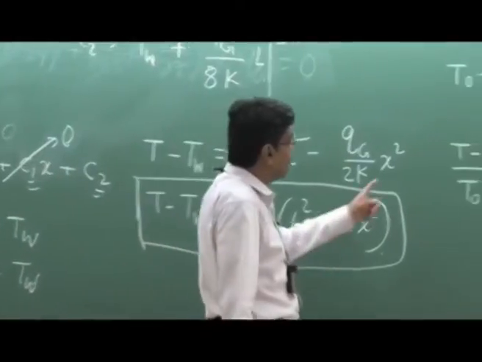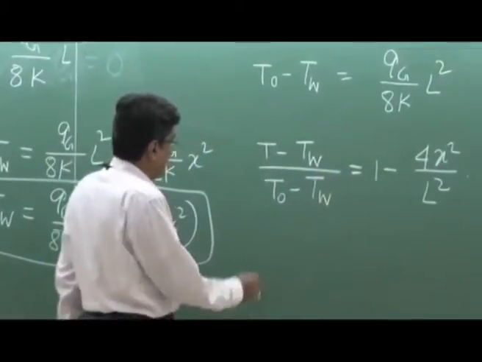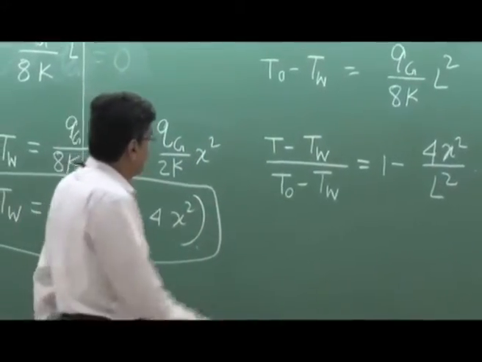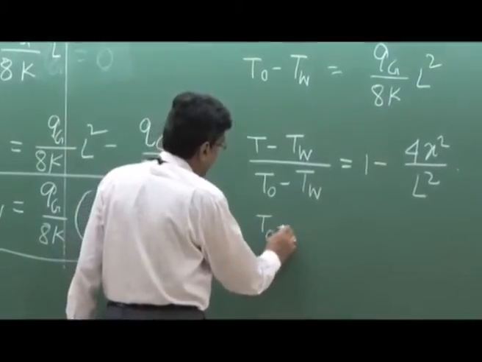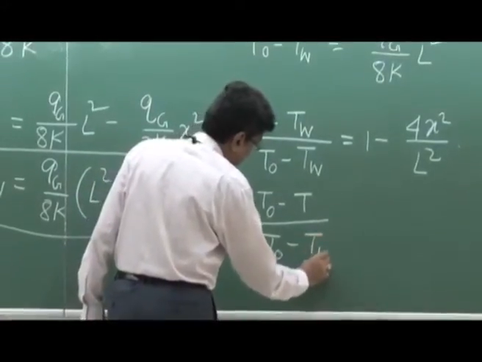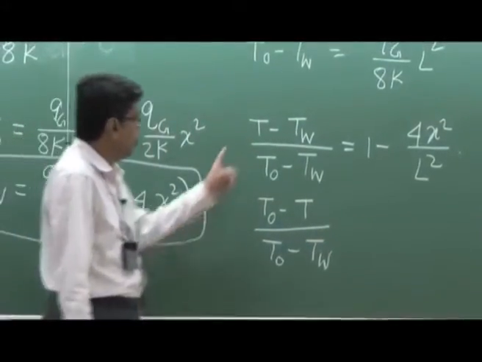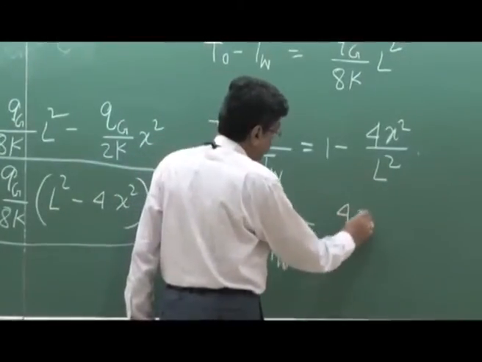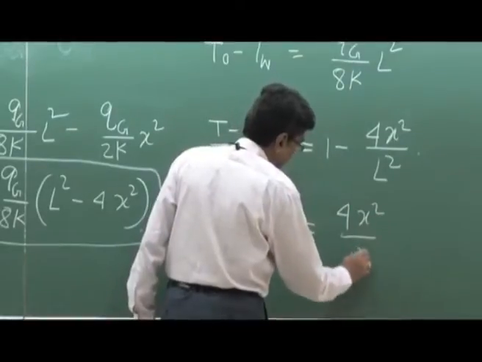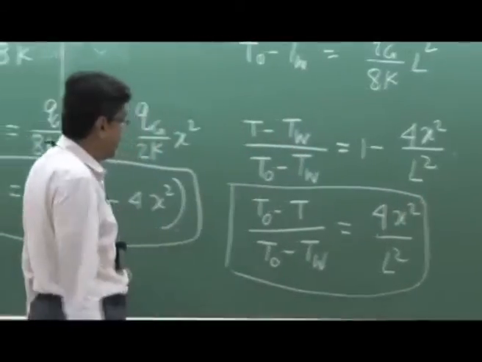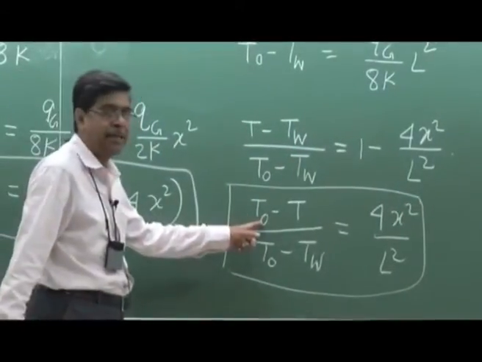Or if you add minus 1 on both sides, then you can write this as T0 minus T divided by T0 minus TW, minus 1 I am adding and changing the sign, is equal to 4x square by L square, because this shows a parabolic variation with the maximum value at the center.